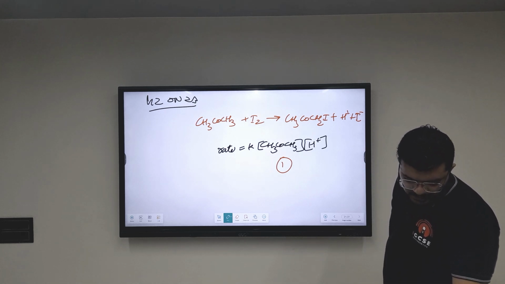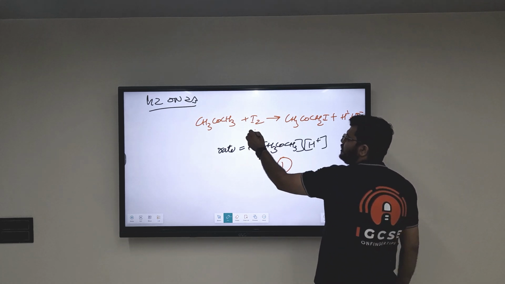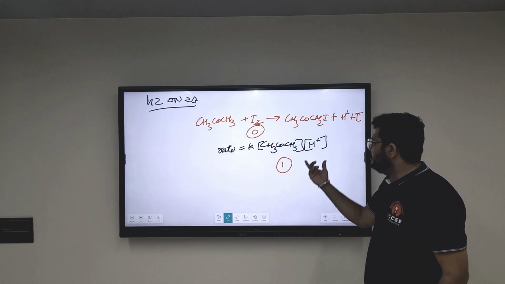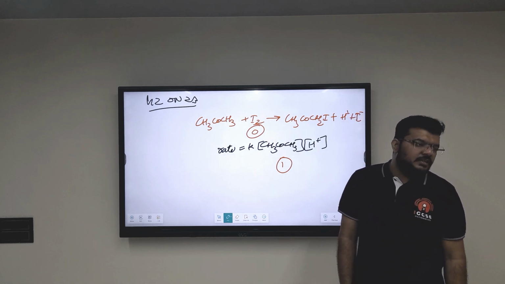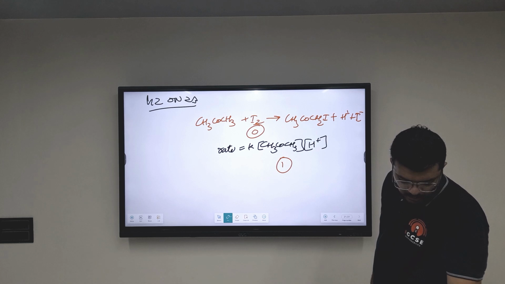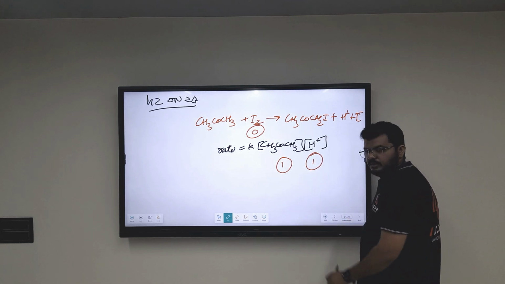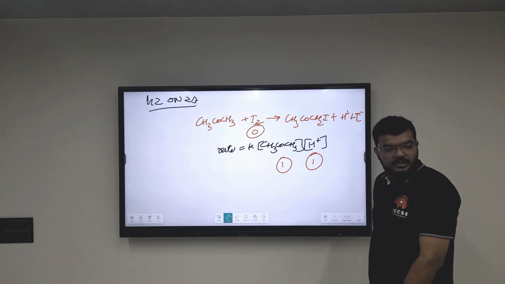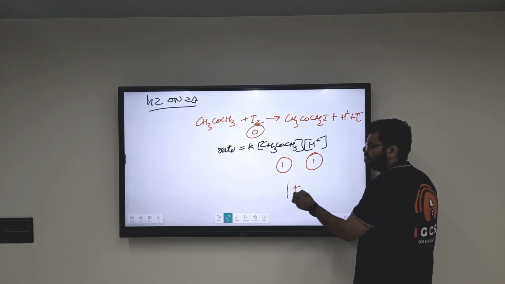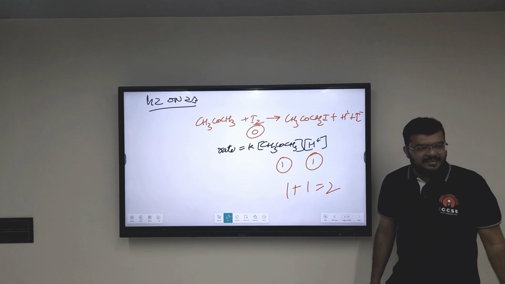Order with respect to I2 is 0. Why? Because it does not exist in the rate equation. Then order with respect to H plus is 1, and the overall order of the reaction is 2, by adding everything.